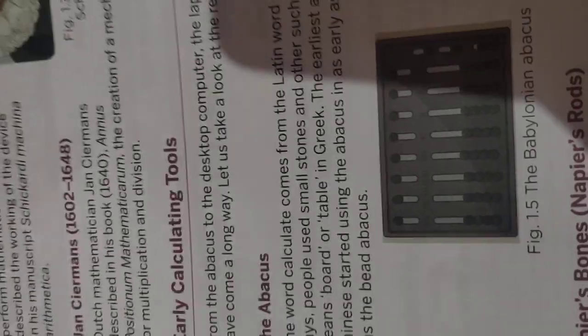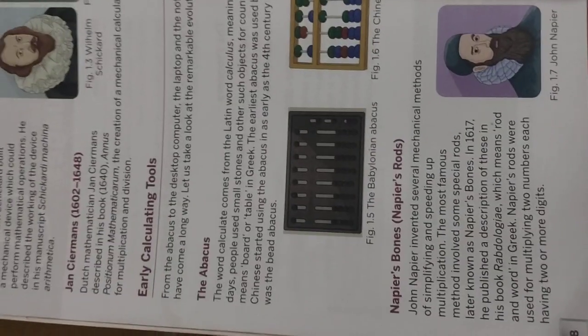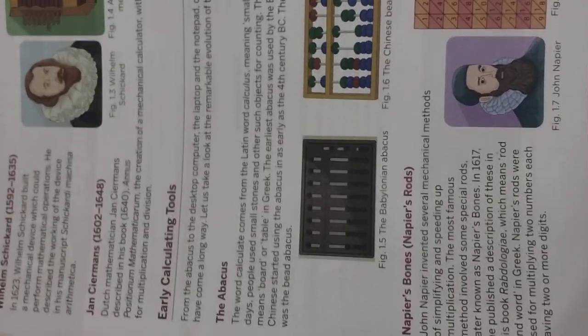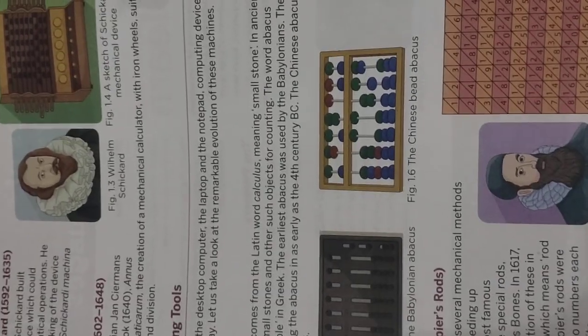So after these devices, after these ideas, we start the real devices which are approved by all scientists as the beginning of computing devices. Now here, the abacus. The word calculate comes from the Latin word calculus, meaning small stone.